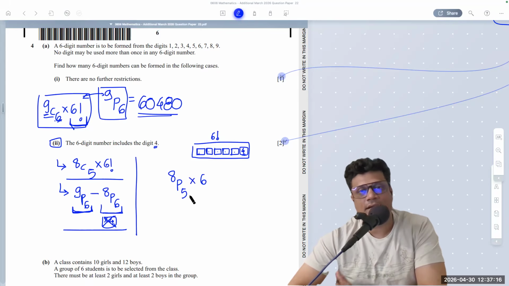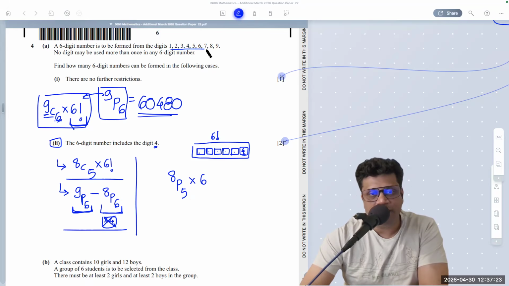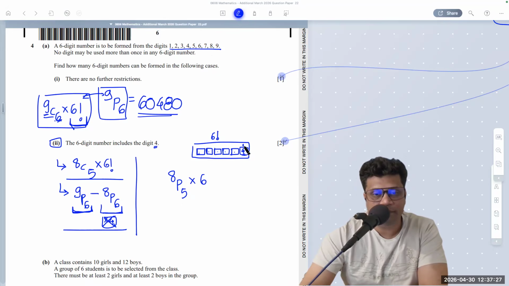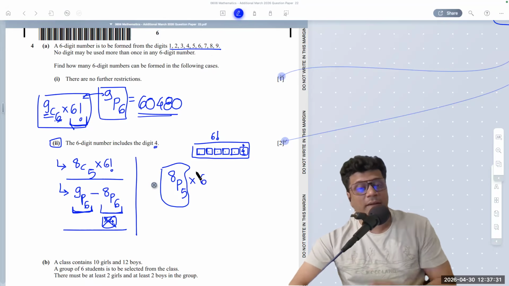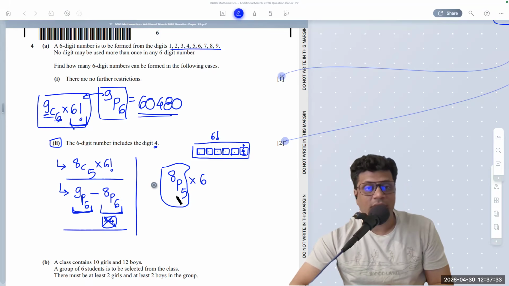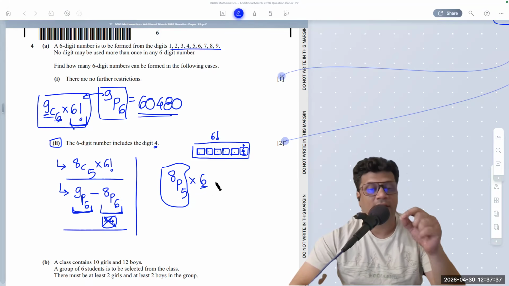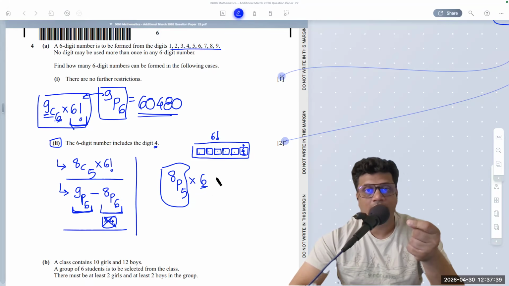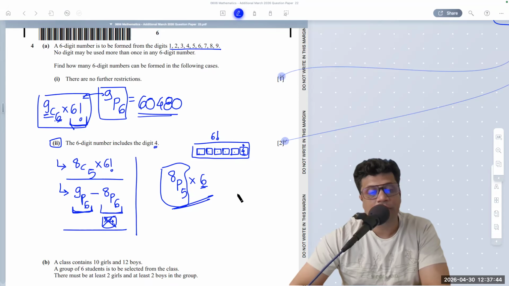That again is the same value. Take 5 digits out of those 8 remaining, because 4 you've already chosen. With every permutation of these 5, there can be 6 spots that 4 can occupy to give you a new number. So that is also an answer.